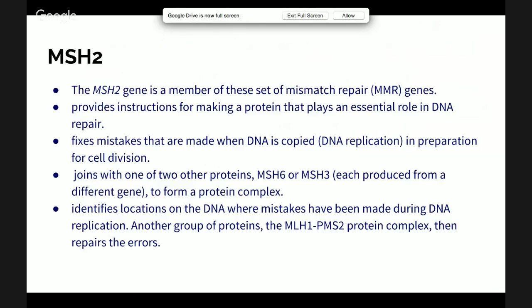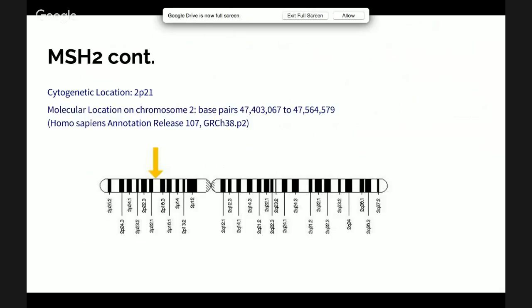And it also joins with 2 other proteins, MSH6 and MSH3, but they're both produced from different genes, and they form a protein complex. It basically identifies locations on the DNA where mistakes have been made during the DNA replication. And then another group of proteins, the MLH1 PMS2 protein complex, repairs the errors.